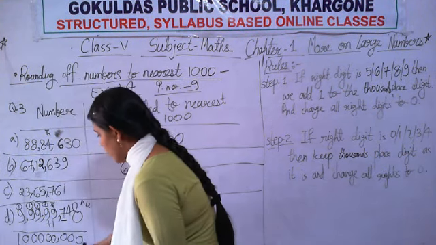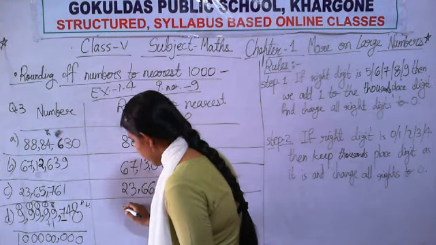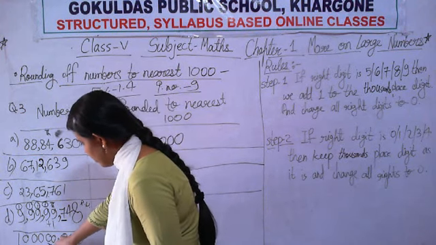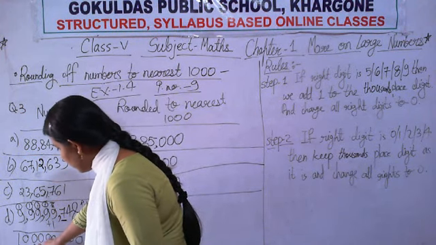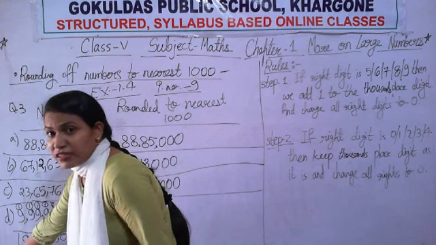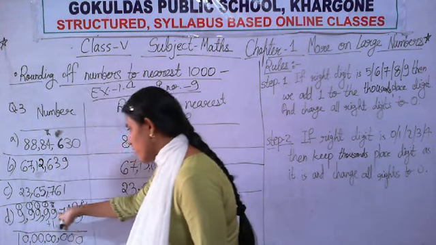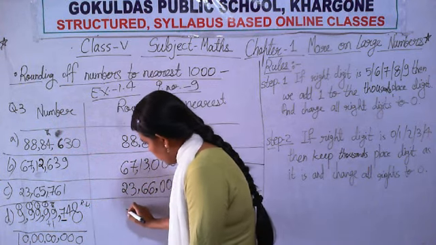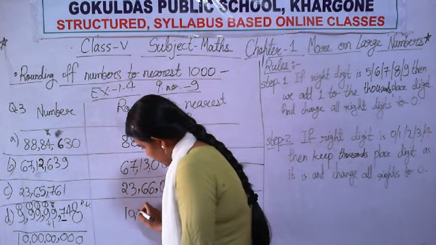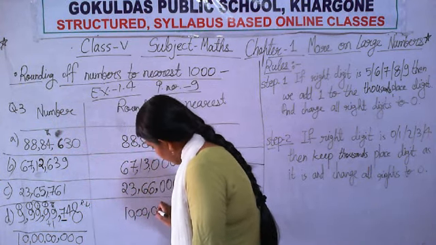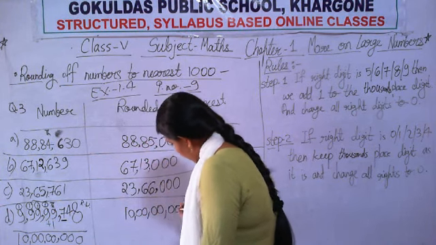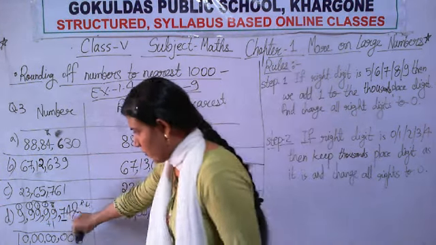So your rounded off number is now ones, tens, hundreds, thousand, 10,000, lakh, 10 lakh, crore and 10 crore. Your number is 10 crore. When you round off this large number, you got 10 crore. It was rough work, okay?